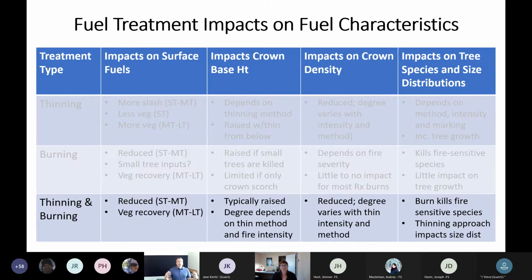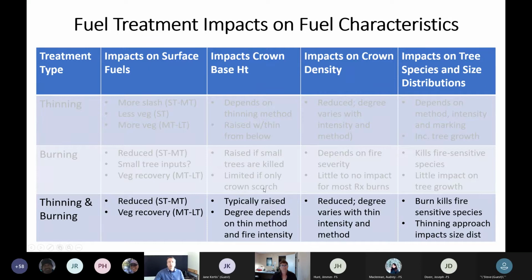And then when we think about combining thinning treatments that are designed to reduce overstory densities with burning treatments that are designed to reduce surface fuels, we kind of get the best of both worlds, because we overcome some of the potential shortcomings of both of those individual treatment types, right? We end up with reduced surface fuels because even if we have increased slash levels after our thinning operation, we can reduce them with a subsequent broadcast burn.